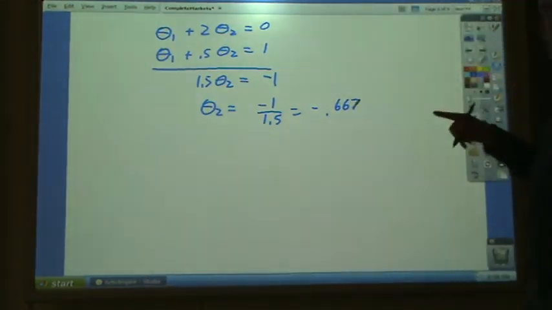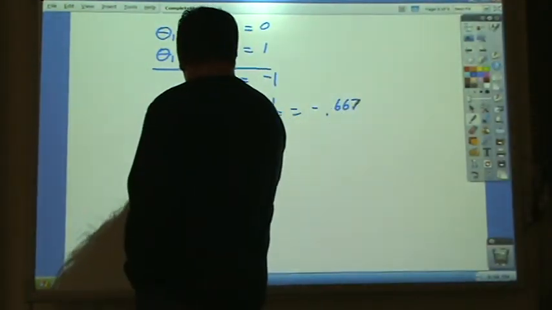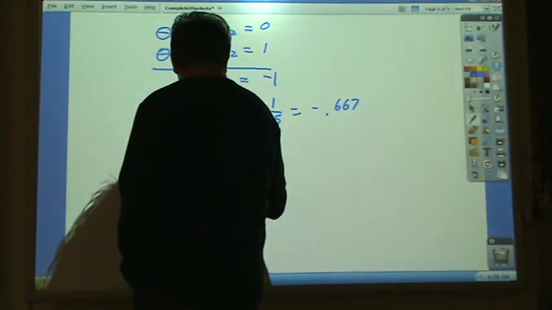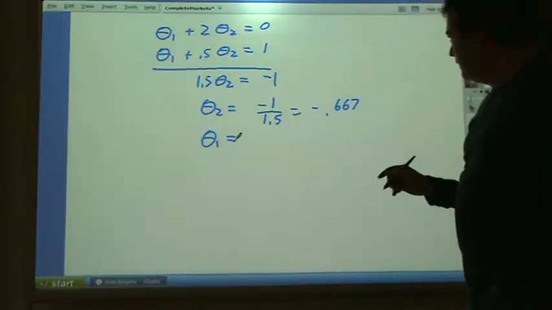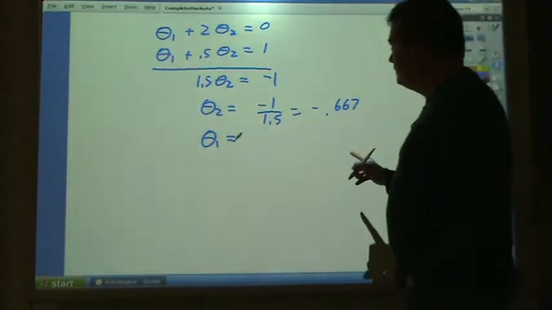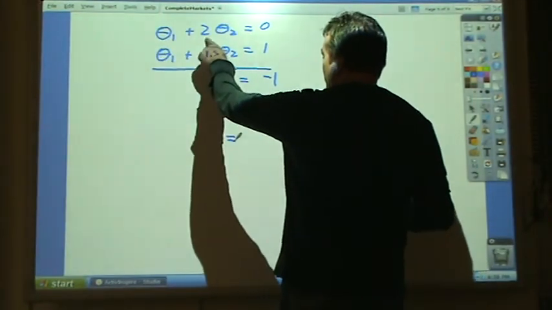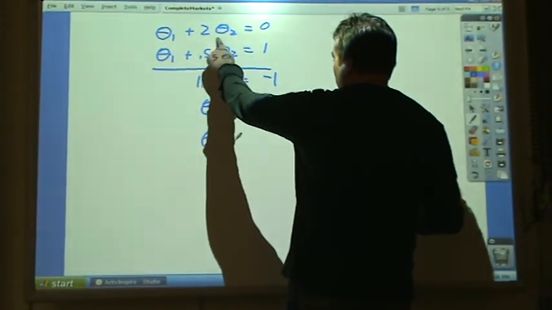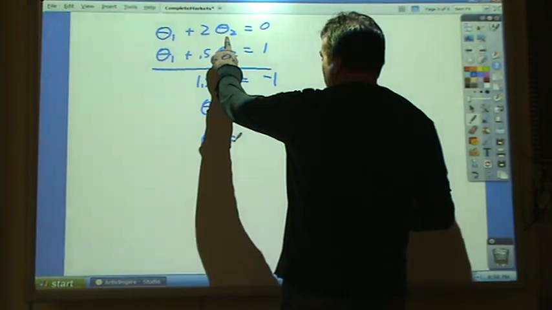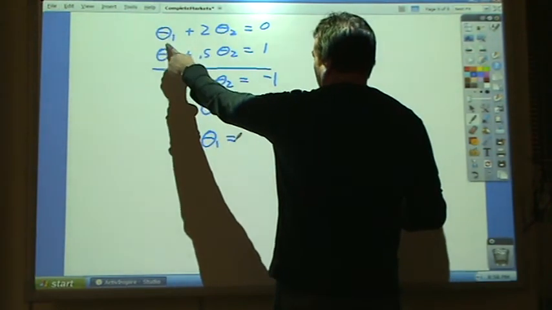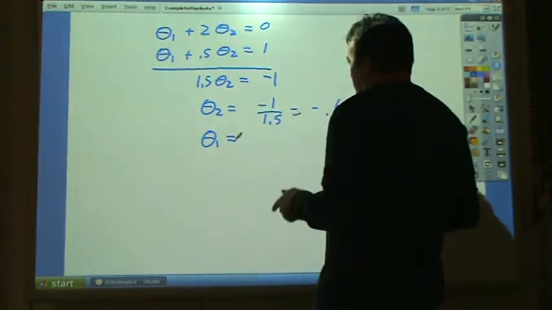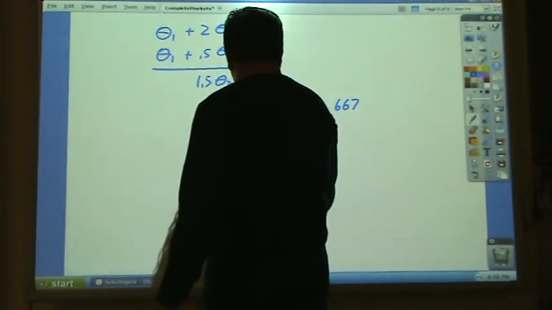That's how many units of theta 2 we would buy. Therefore, theta 1 in this case would be, I'll use this line, -2/3, that's -1 1/3, added to this equals 0. So that would have to be +1 1/3.